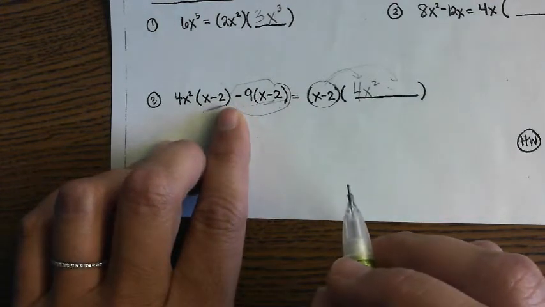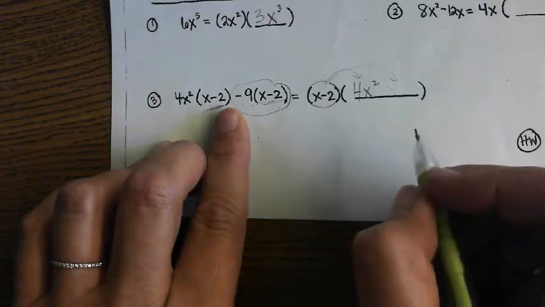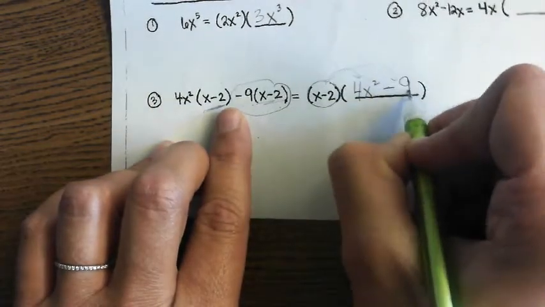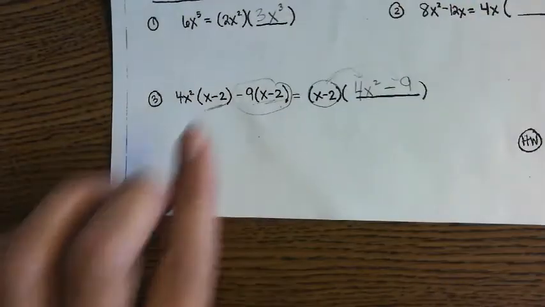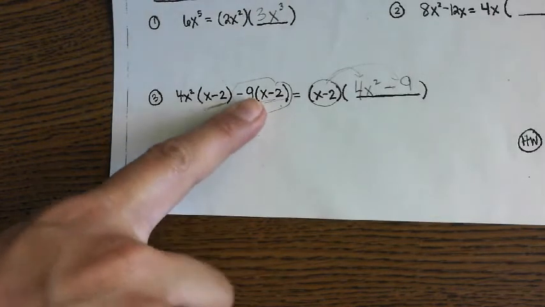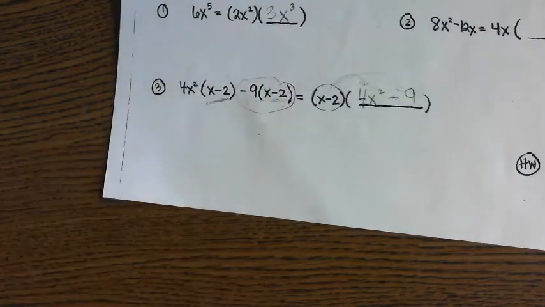Don't overthink it. It's as simple as it looks. What did you say? You're all afraid to say something. Would be negative 9. Rather than distributing just one term, it's almost showing a distribution of a binomial. So 4x squared gets multiplied by that x minus 2, and then a negative 9 gets multiplied by an x minus 2. Okay? So you'll have some fill in the blanks like that in your homework.